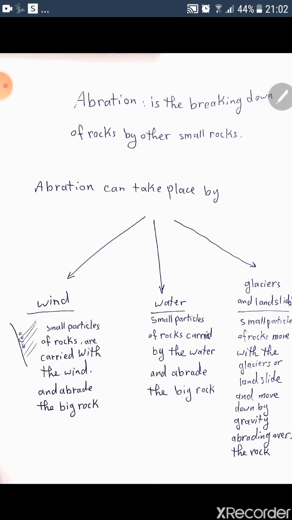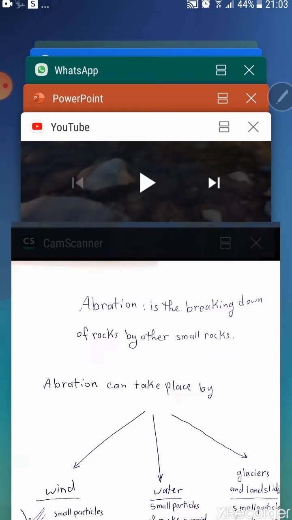They can take with them particles of the rocks from all over the way, and at the same time they can also abrade more rocks, like what I will show you here.